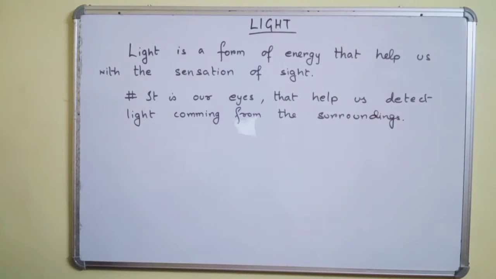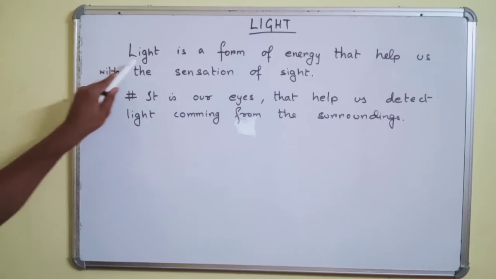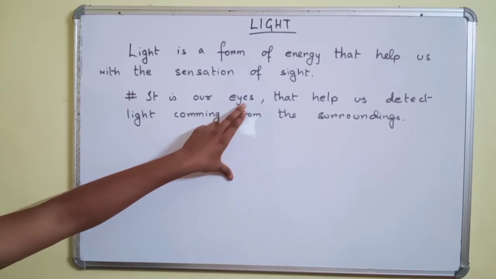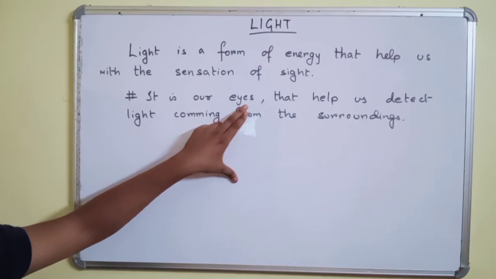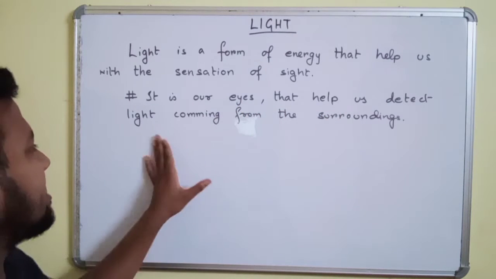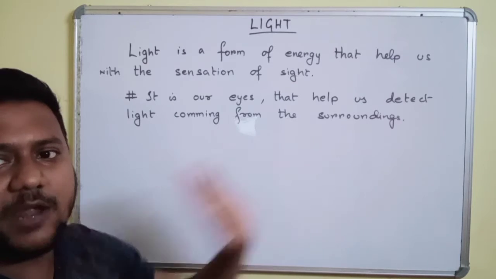So, as the definition suggests, light is a form of energy that helps us with the sensation of sight. Moreover, it is our eyes, which is one of the most important sense organs of our body, that help us to detect the light that comes from our surroundings.